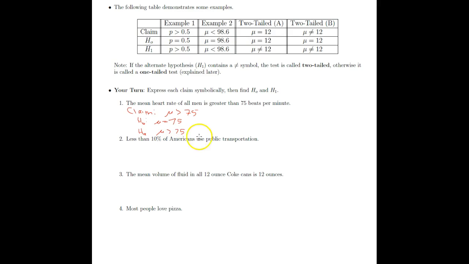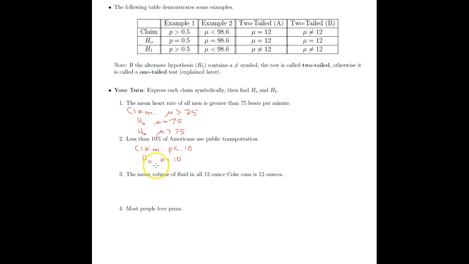Okay, cool. Let's go on to number 2. The claim is that less than 10% of Americans use public transportation. So this is a proportion here because it's a percent. So we would say the claim is that P is less than 0.1 or 0.10. Then the null would be that P equals 0.10.